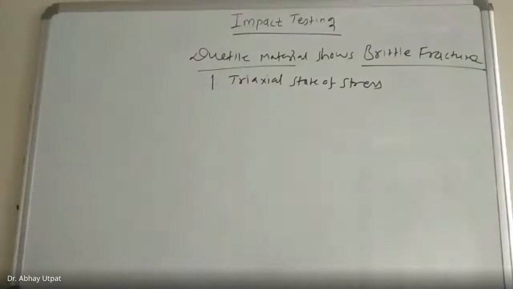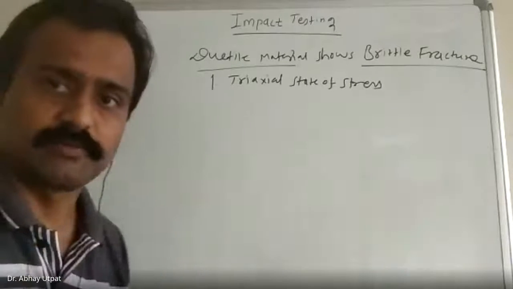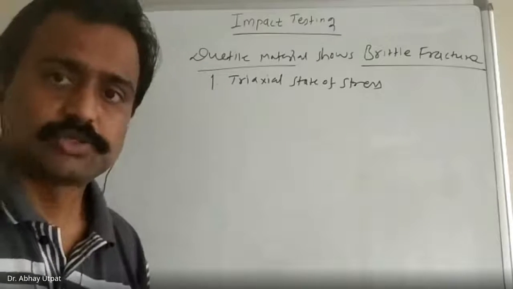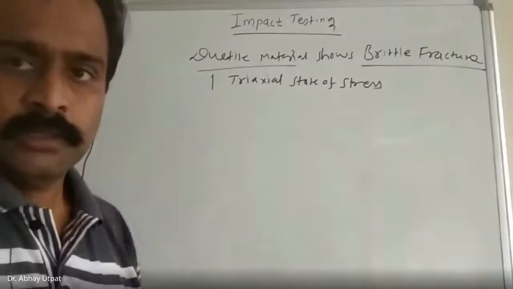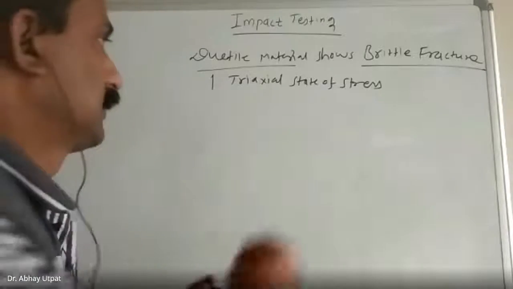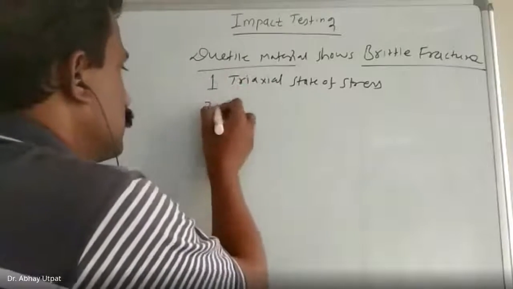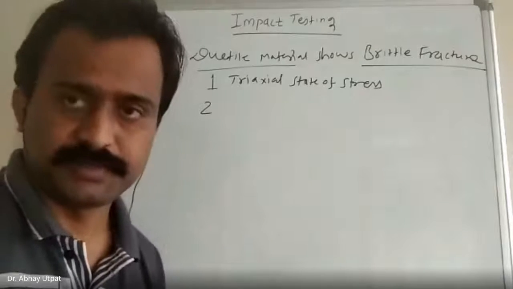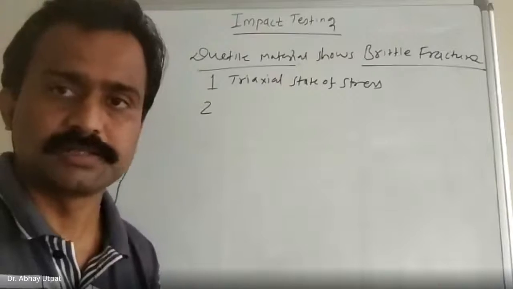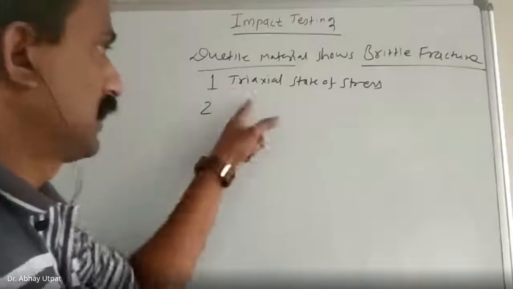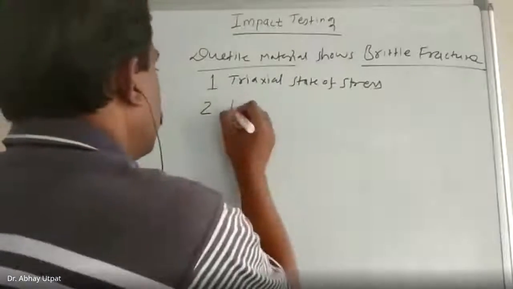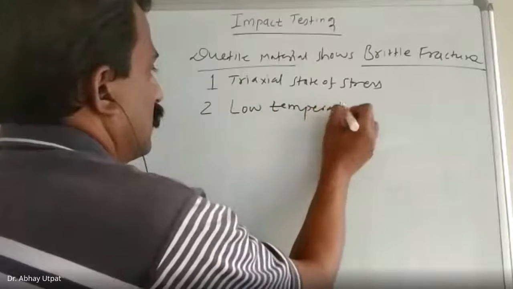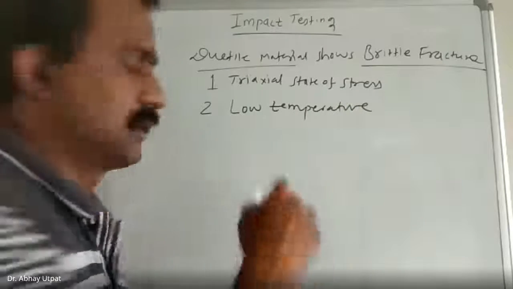Ductile material shows brittle fracture under three conditions. First condition, triaxial state of stress. Second, low temperature.